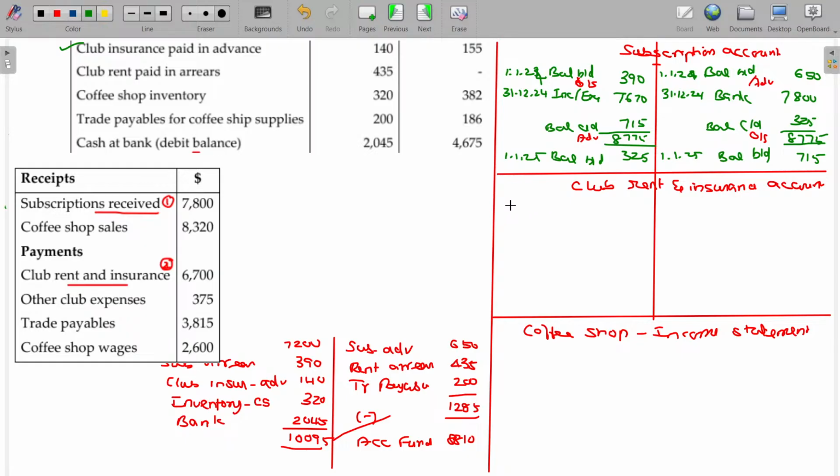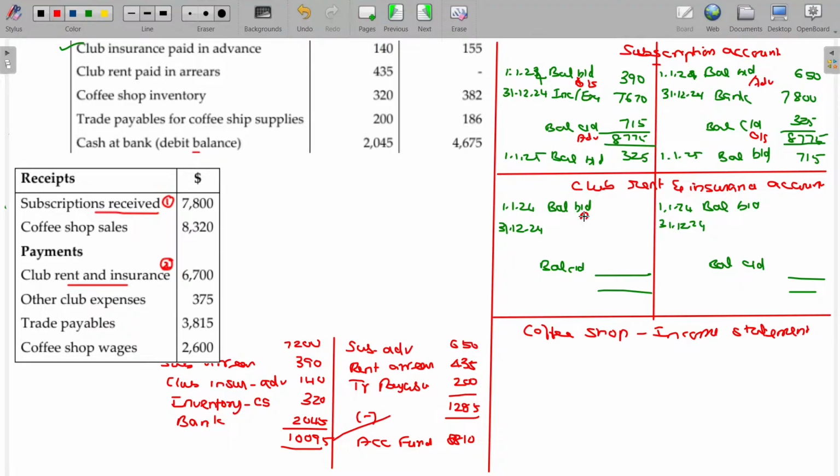So balance 1124, balance brought down, and 31st December 24, balance carried on.